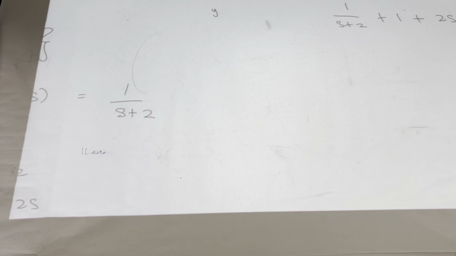So 2s over 1, so you multiply s plus 2 over s plus 2 juga. So now everything is over s plus 2. So you have 1 plus s plus 2 plus 2s squared plus 2s.